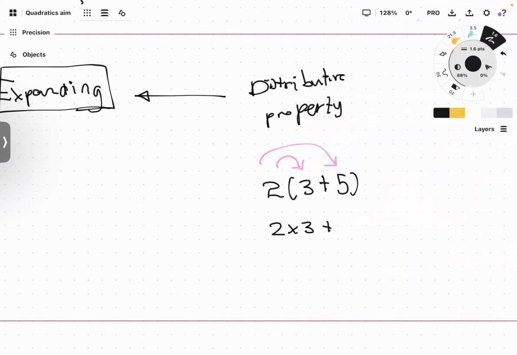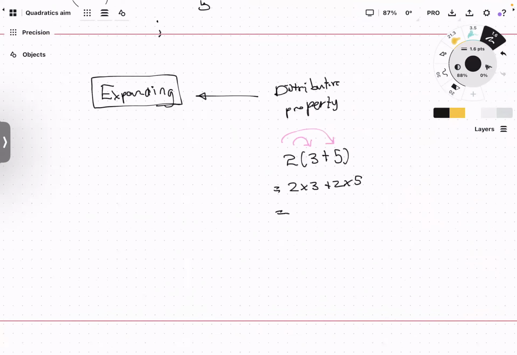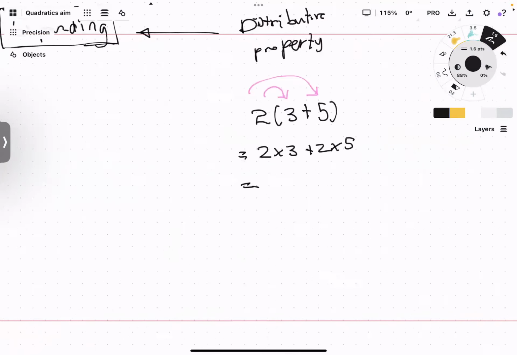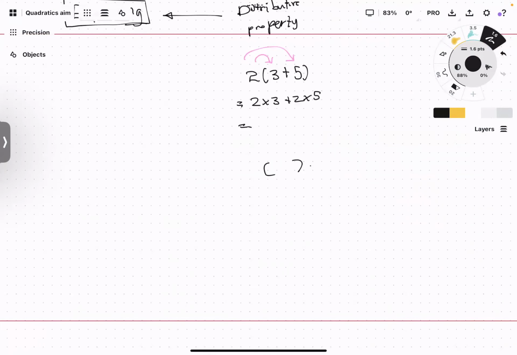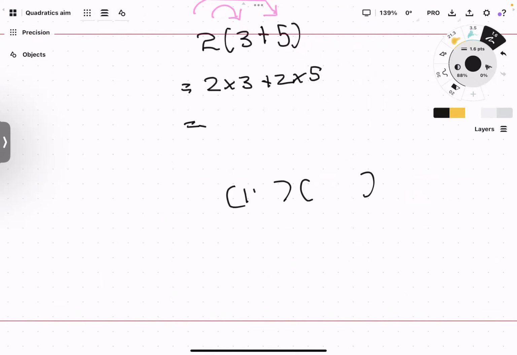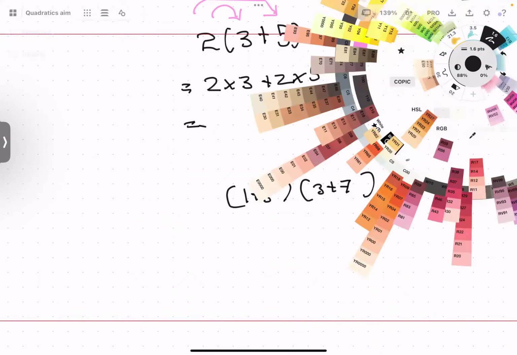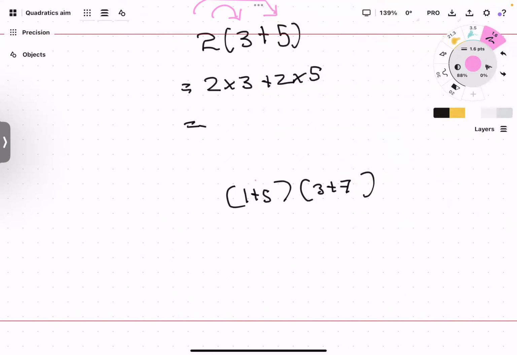2 times 3 plus 2 times 5. So what you're doing, you're distributing the multiplication to every number inside the bracket. That's why it's called the distributive property. And this also works for when there's two things in both brackets. Again, bear with me, this is pointless because you would add the numbers normally, but for the sake of showing the property, you can also do 1 times 3 and 1 times 7, and then 5 times 3 and 5 times 7.